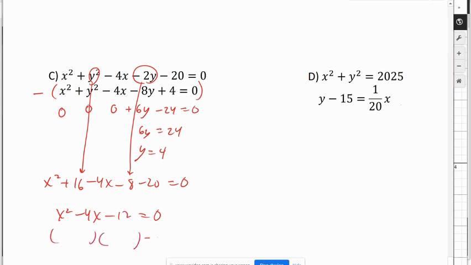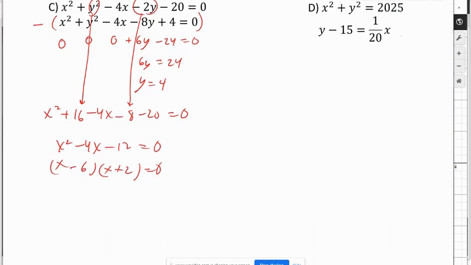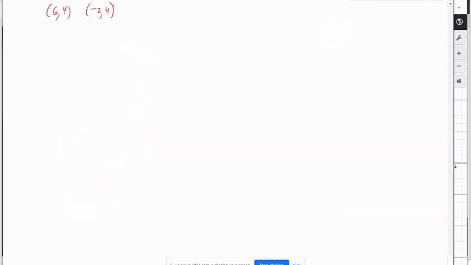And if we factor that, (x minus 6)(x plus 2) gives me negative 4x in the middle and negative 12 at the end. And so we only got one y value, that's 4, but we got two x values, x equals 6 and x equals negative 2 to go with that. So we're going to have (6, 4) and (negative 2, 4). So two different x values, but only one y value. And so that gives us two intersection points.